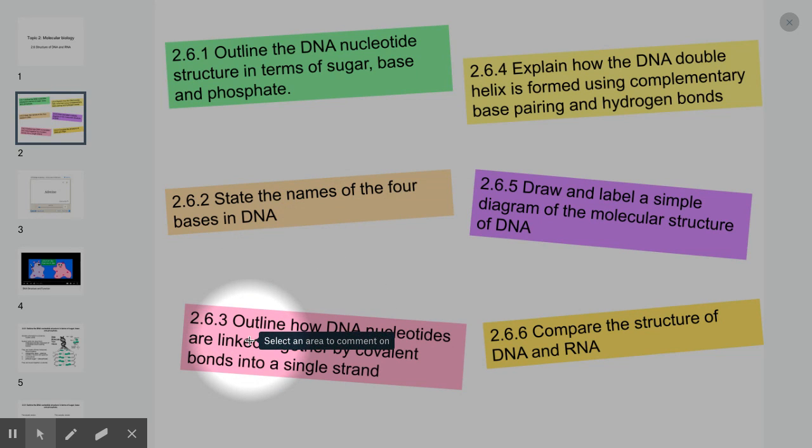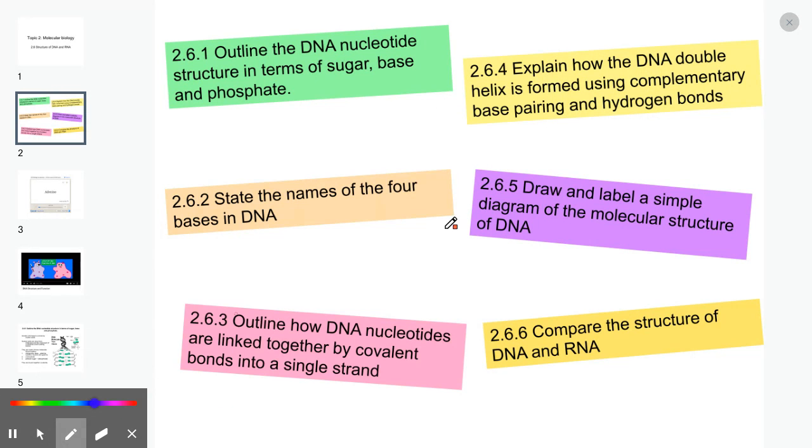How they're linked together in a single strand, although we do know that DNA is made of 2 strands, we're going to be talking about how they're linked together covalently in 1 strand. And then when we start talking about the 2 strands, where we get this famous double helix, which I think everybody's pretty familiar with, the whole windy thing, how those are linked together with hydrogen bonds.